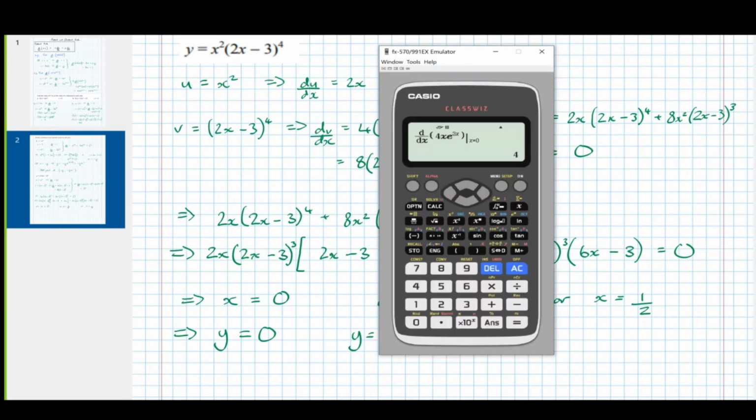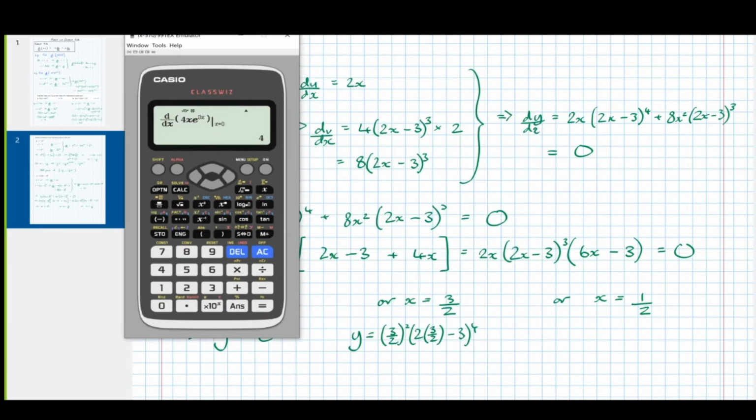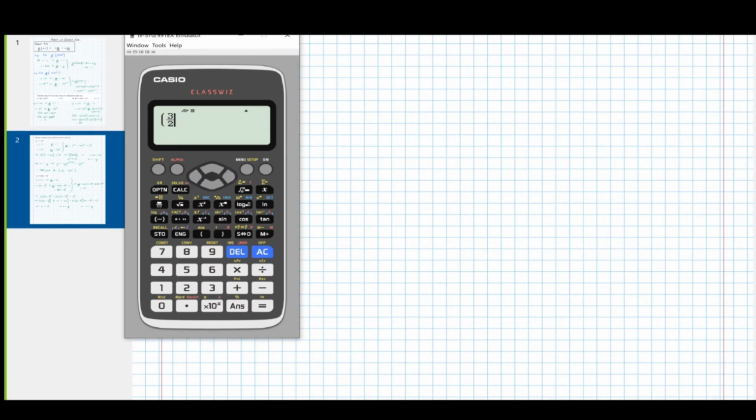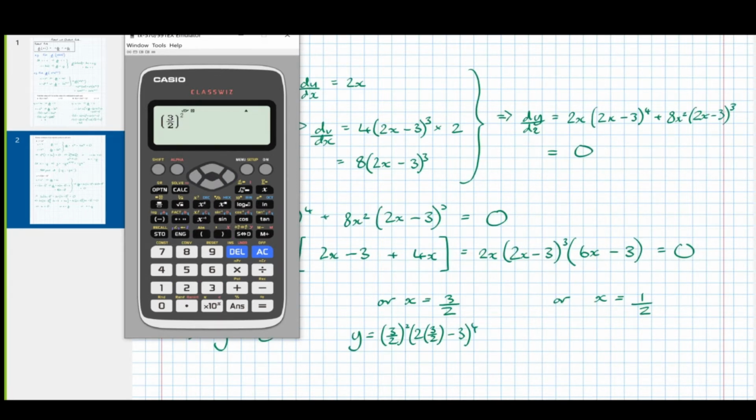Type that in the calculator. 3 over 2 squared, 2 lots of 3 over 2 minus 3 to the power of 4, which gives me 0.